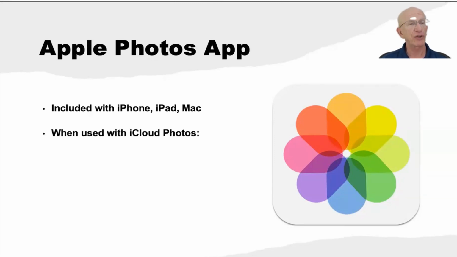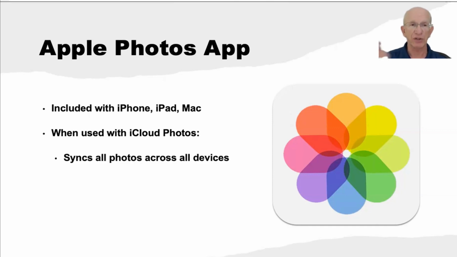Okay. When it's used with iCloud Photos, and I'm going to walk you through the settings for that, and I'll show you also, it synchronizes your photos across all your devices. So the photos you see on your Mac are the same photos you see on your phone, the same photos you see on the iPad. And this is one of Apple's ecosystem benefits, is that they synchronize everything as seamlessly as possible.